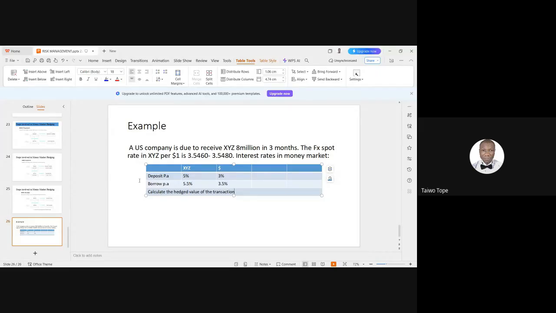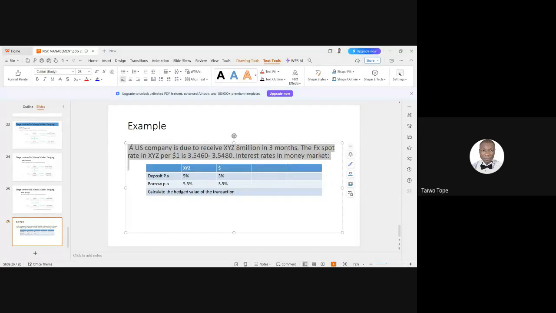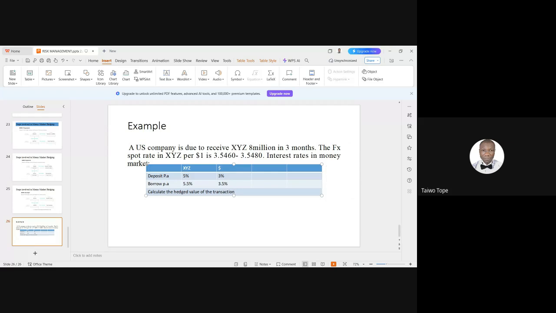Now, looking at this question, that a US company is due to receive 8 million XYZ in 3 months. The forex spot rate in XYZ per $1 is 3.5460 to 3.580.